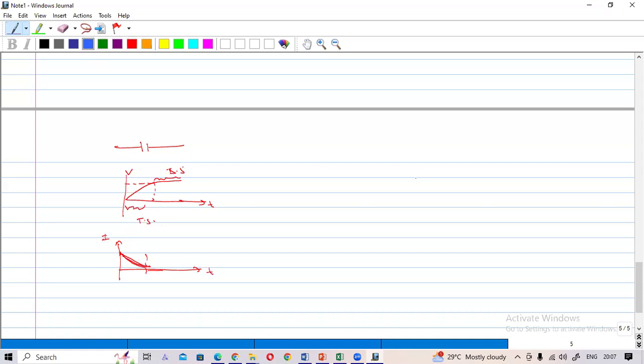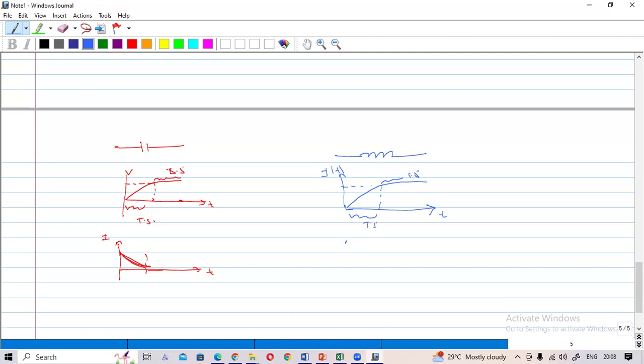And if you consider the inductor, the same kind of graph you will get like this. But this is not for the voltage, this is for the current of the inductor. Same way, this is the steady state, this is the transient state.